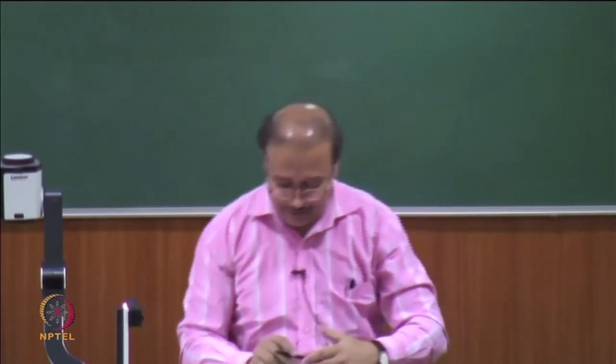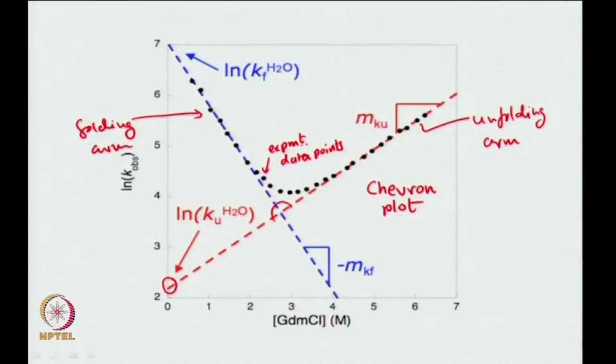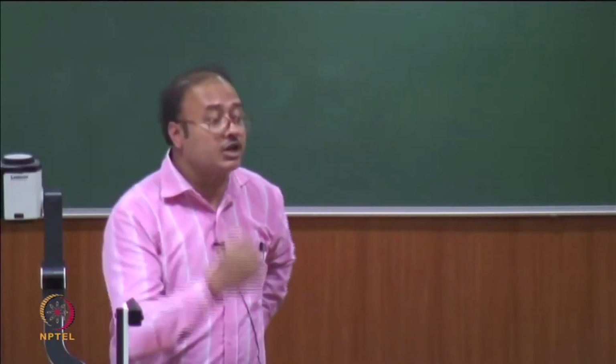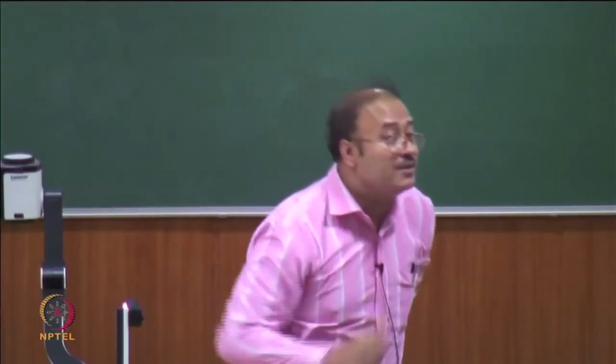So, then you can see this is the point of intersection, right. And what does this point then correspond to? This point corresponds to Cm, right, because that is where Ku and Kf are comparable to each other. Is it clear or not? Right. So, this is another way for you to check where my Cm is.